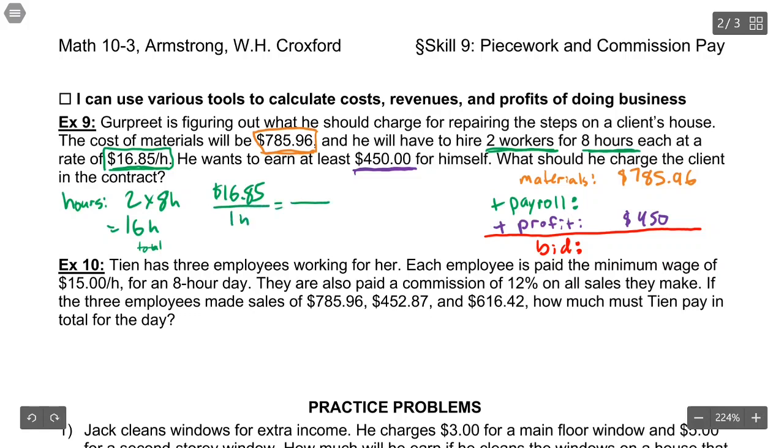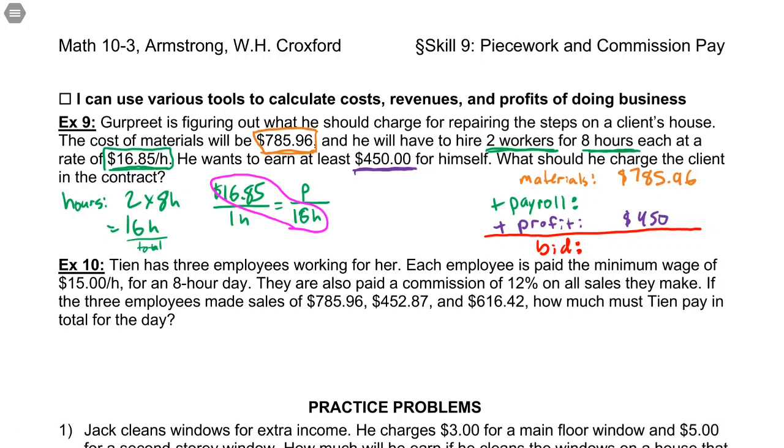Between the 2 workers, Gurpreet needs to pay for a total of 16 hours of labor. And so his payroll we can get by cross multiplying and dividing these 2 numbers. So Gurpreet's payroll, if you cross multiply and divide correctly, is $269.60, but since it's money, we'll put an extra 0 to make it 60 cents.